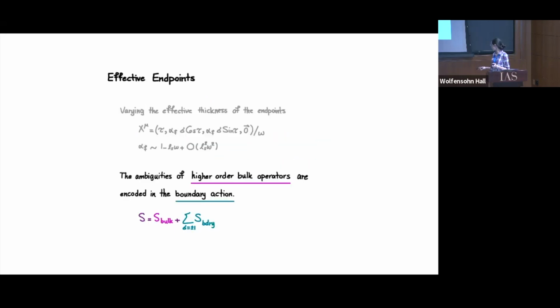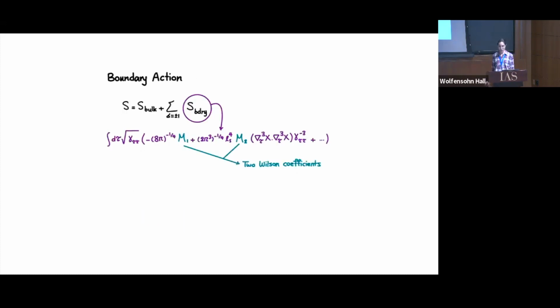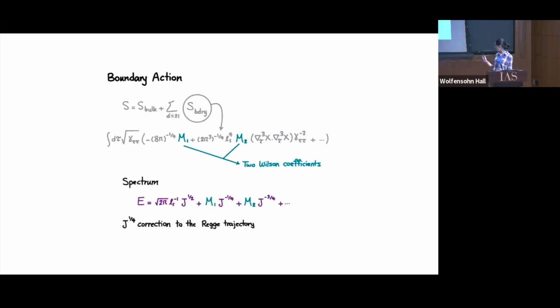And well, basically, we saw that the ambiguities of these higher order bulk operators are actually encoded in the boundary action or boundary terms. So up to subleading order, this boundary action has two independent Wilson coefficients. We calculated the corrections to the spectrum due to this boundary action.